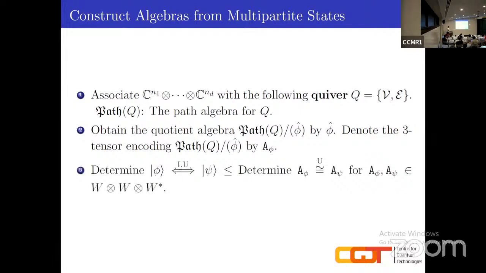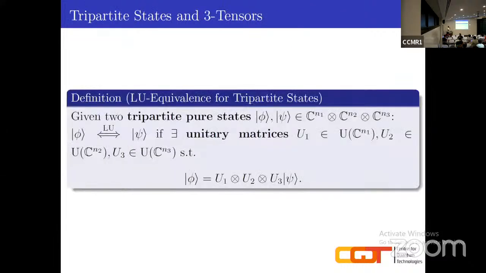And we prove that the LU equivalence for two multipartite states can be reduced to determining the algebra isomorphism over the unitary group. And so right now it's the second step for our proof.